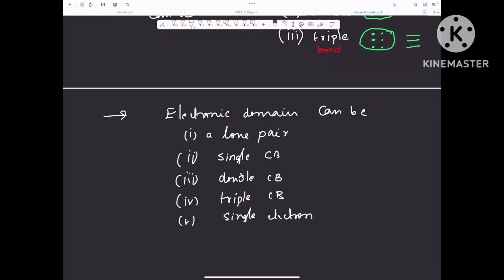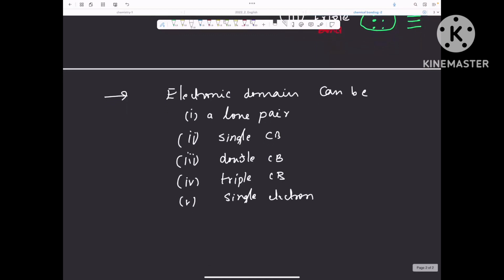So an electronic domain can be a lone pair, single covalent bond, double covalent bond, or triple covalent bond, or a single electron. It is defined around an atom in the molecule.